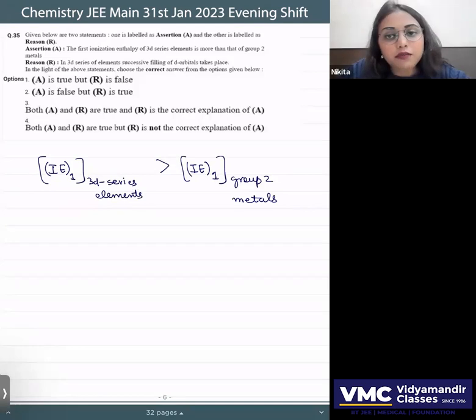It is a correct statement because when we move from group 2 metals to 3d series elements, due to introduction of d orbitals, which has a poor shielding effect, the ionization energy increases.